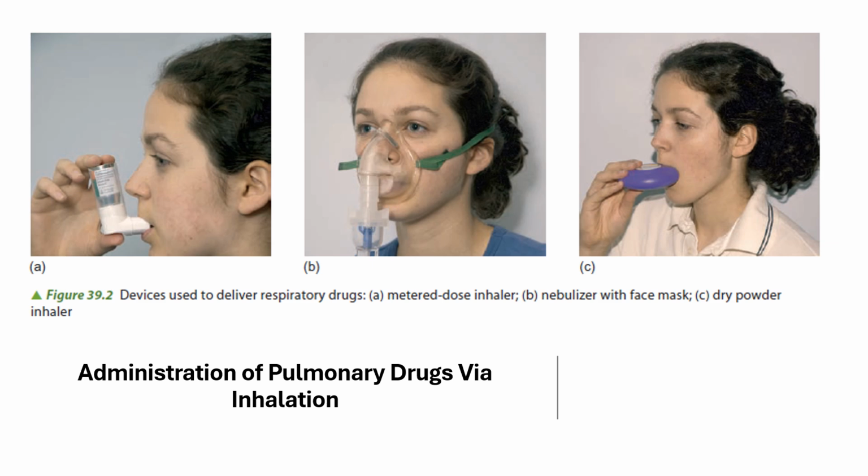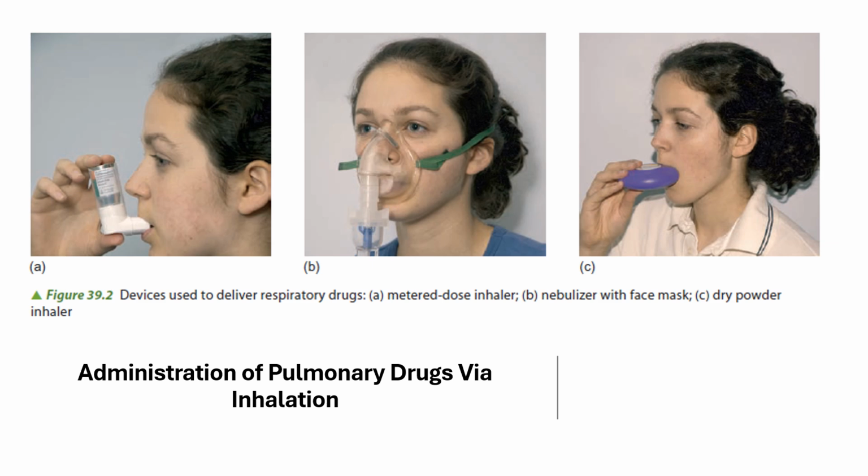Several devices are used to deliver drugs via the inhalation route. A nebulizer is a small machine that vaporizes a liquid medication into a fine mist that is inhaled using a face mask or handheld device.